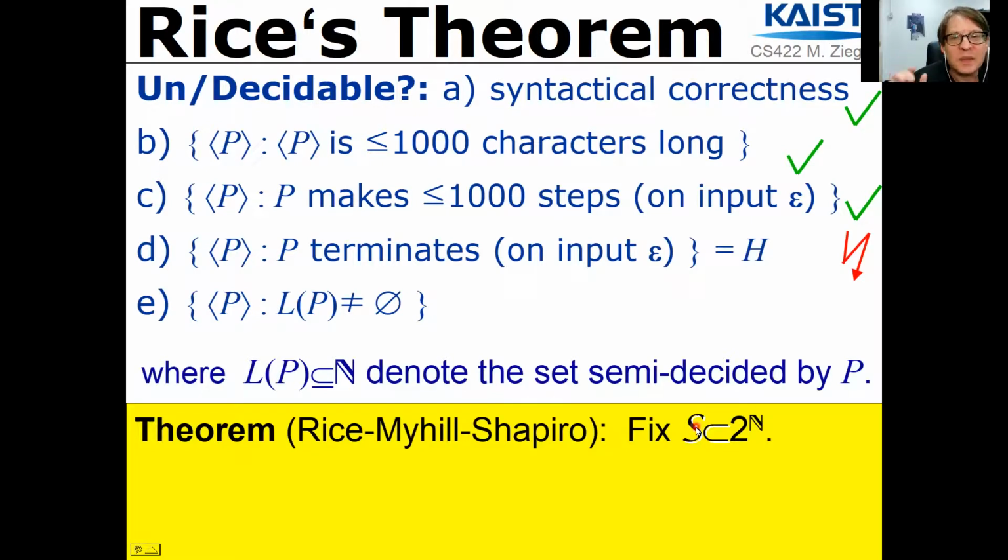fix some proper subset of the power set of natural numbers. So that means S is a collection of subsets of natural numbers, right? So 2 to the N means the power set of natural numbers, the set of subsets, and a proper subset means S contains some subsets of natural numbers, but definitely not all.